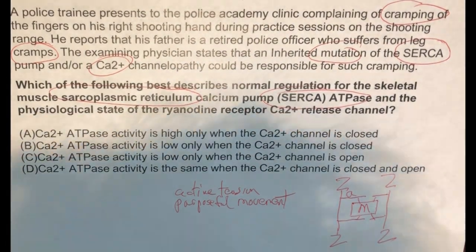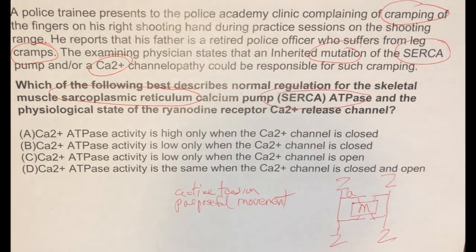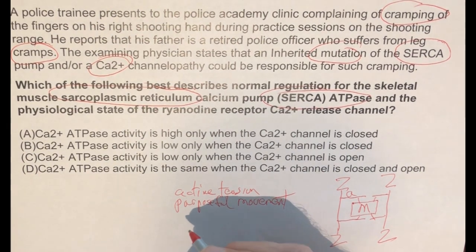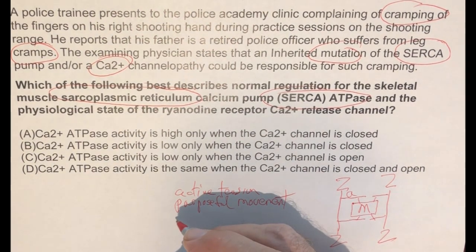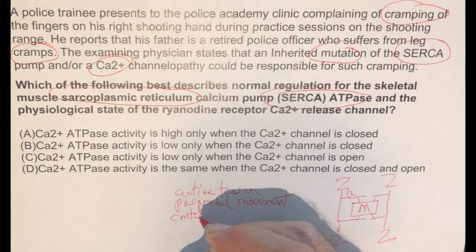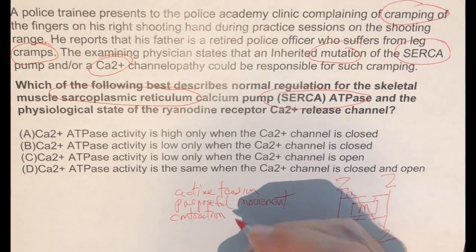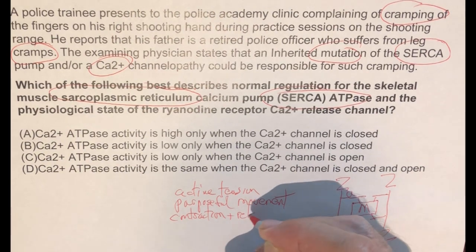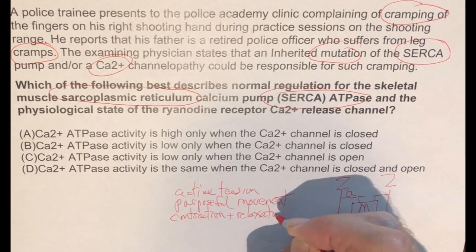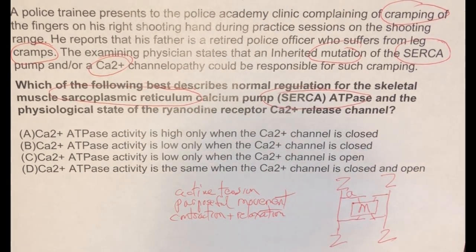Now, even though we need active tension for purposeful movement to occur, we need contraction plus relaxation. And in a muscle spasm, we only have contraction. That's the definition of a spasm.